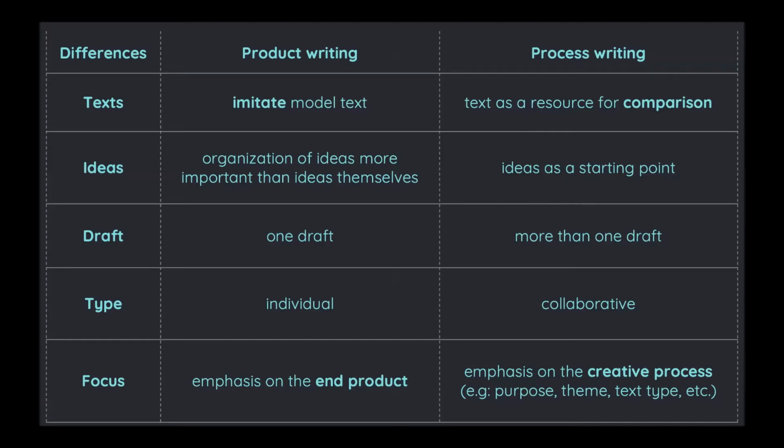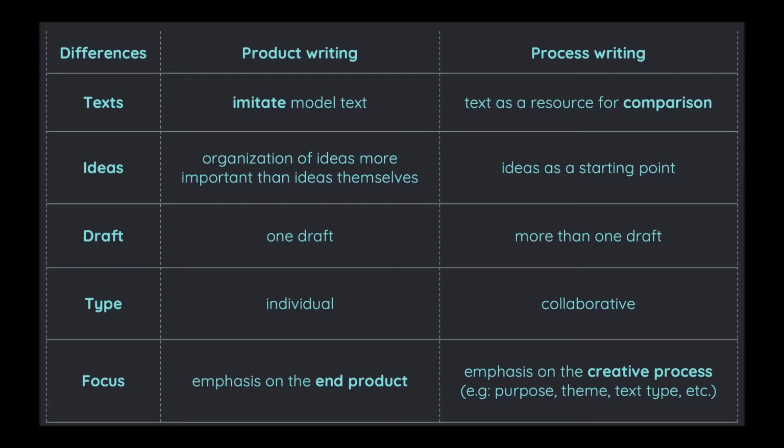Next, the type. Product writing usually involves individual work or whole class activities. The students dissect the text and then they write their own piece, and that's basically it. While in process writing, it's usually collaborative work. You can see it in the stages of the process writing method.